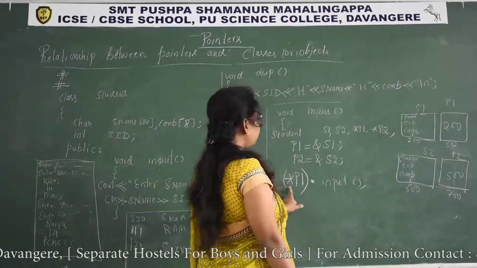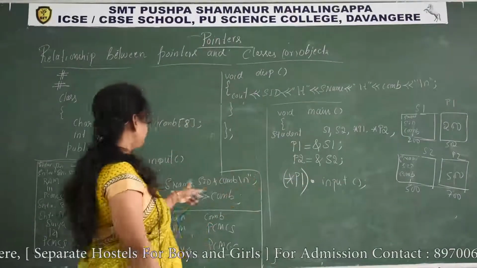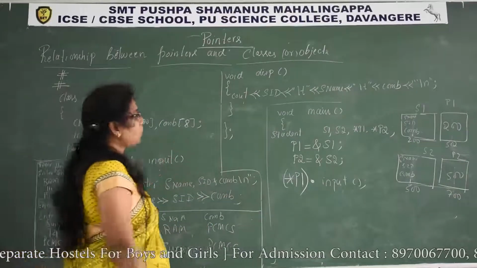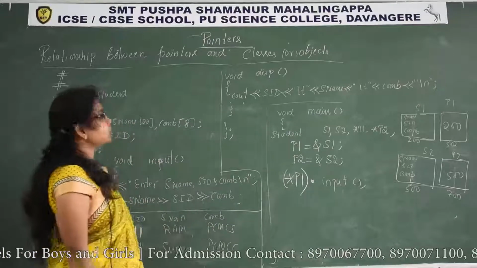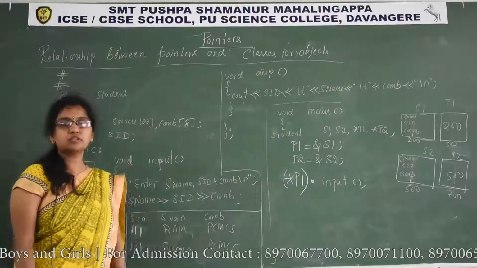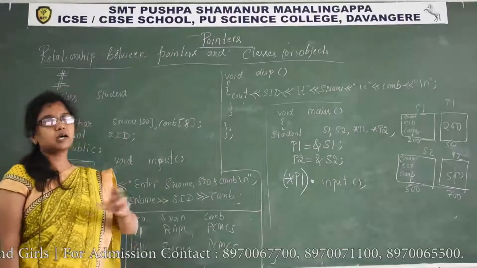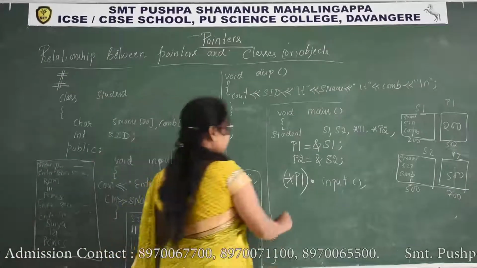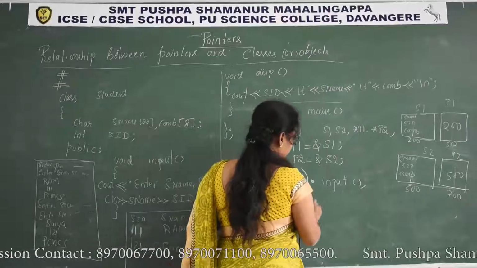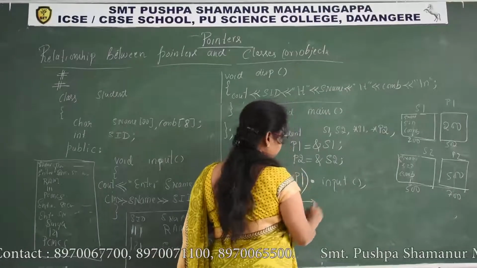Instead of S1 dot input, we write star P1 dot input. And in the previous concept, the relationship between pointers and structures, we discussed that star and dot operators are replaced by the arrow operator. So I can write like this: P1 arrow. Now I'll use P2 arrow input.